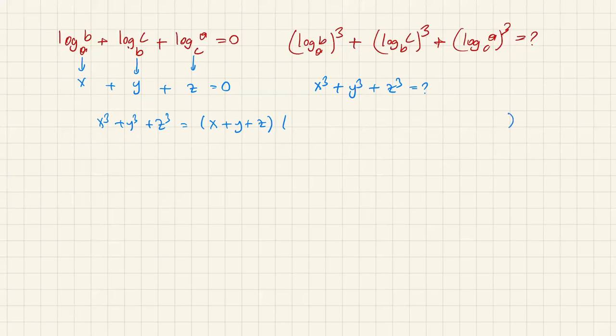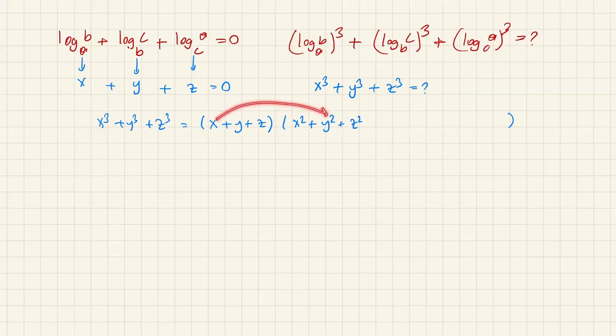Okay, so in order for us to get x cubed, I need to multiply x by something right here, so I can get x cubed. That something should be x squared, and for the same reason I should have y squared and z squared as well. Now we have these three in my second parenthesis, but here's the problem. If I multiply x by x squared, I get x cubed, which is right here. That's perfect.